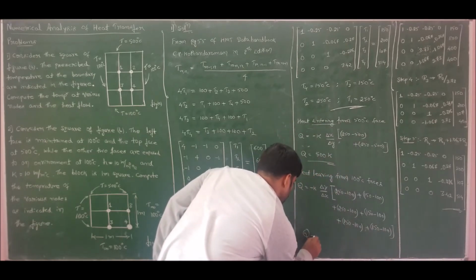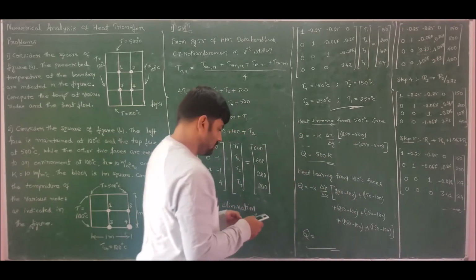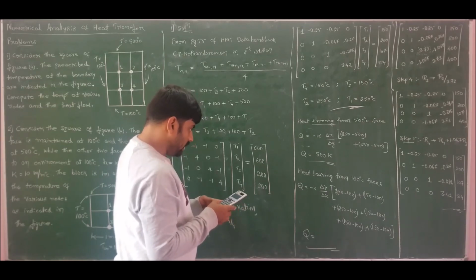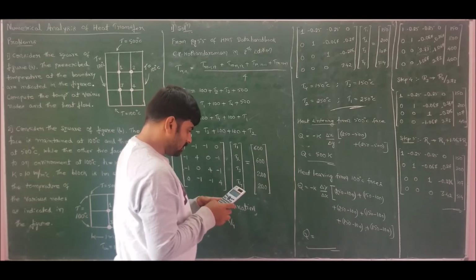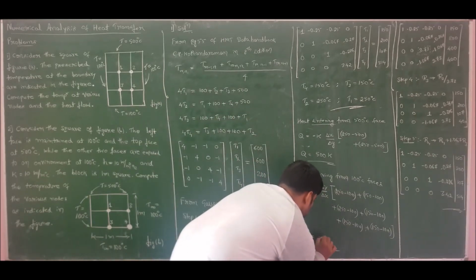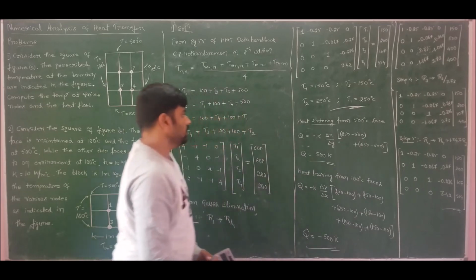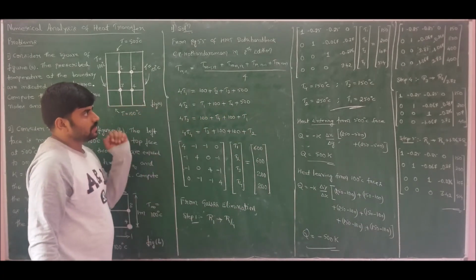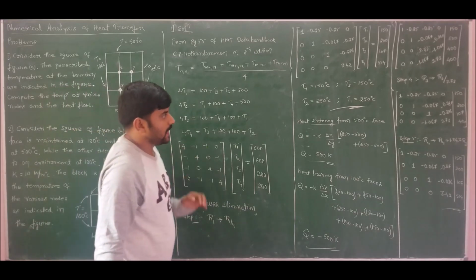So therefore heat leaving will be 150 plus 50 plus 150 plus 50 plus 100, which is 500. So therefore the answer is correct. It is minus 500 times the thermal conductivity. So we have found the heat balance also. So therefore the temperature distribution we have calculated is also correct.